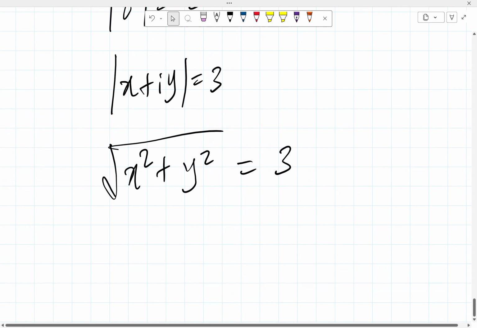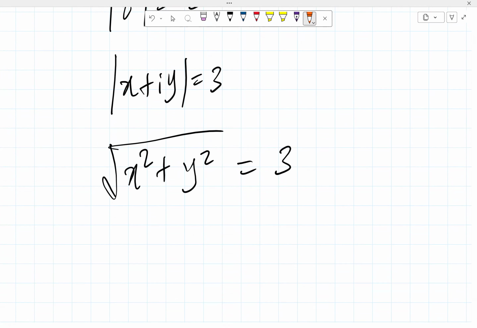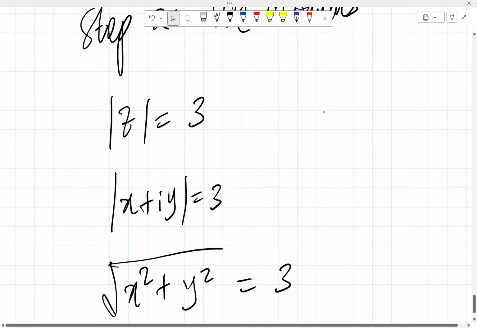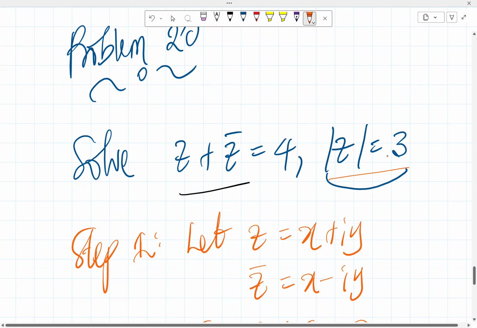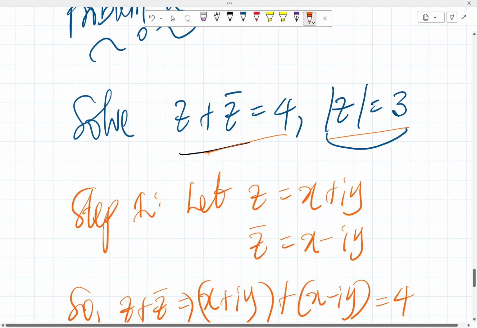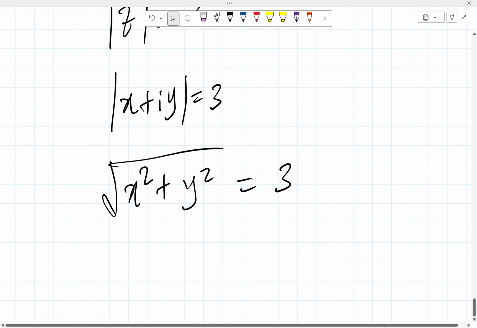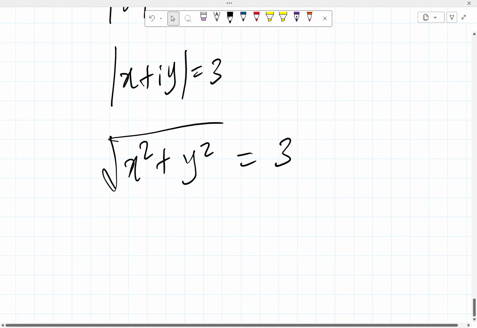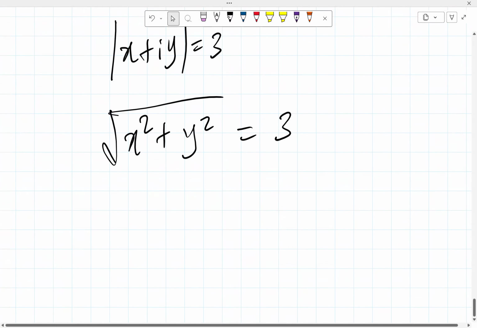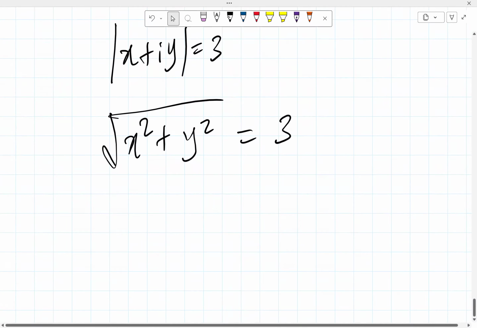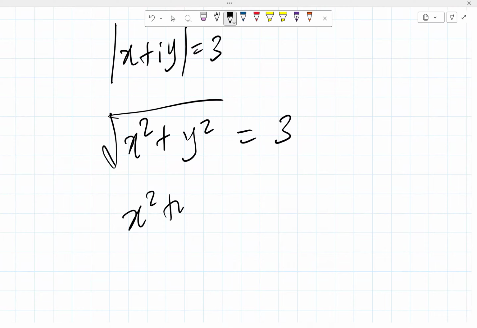Because it's going to be very useful here, we have the square root of x squared plus y squared equals 3. That's from the second part of the problem. So the first part is what we did to get x to be 2. Then using modulus, we have this other one. We can square both sides, so we have x squared plus y squared equals 3 squared.